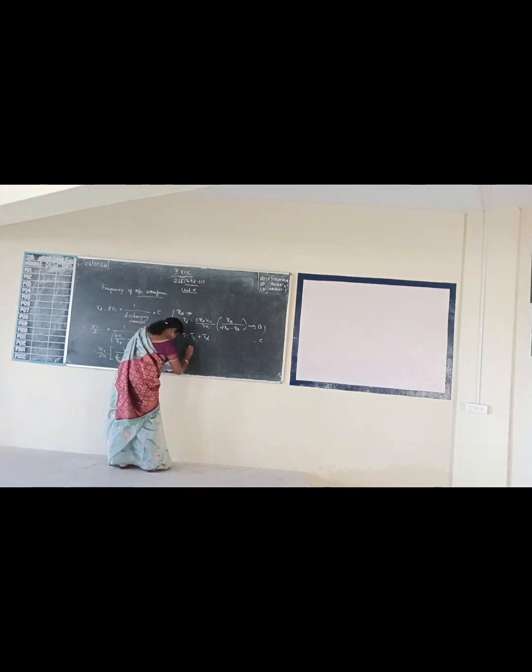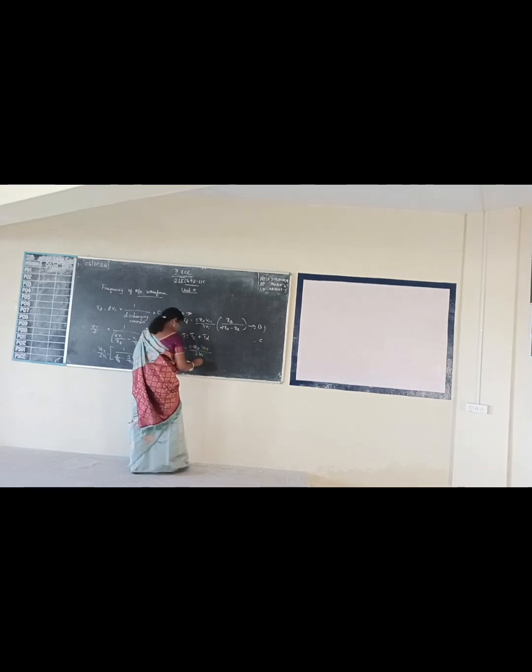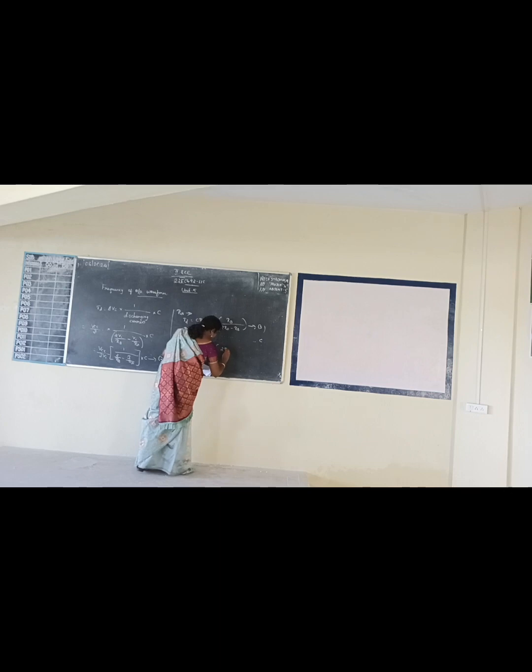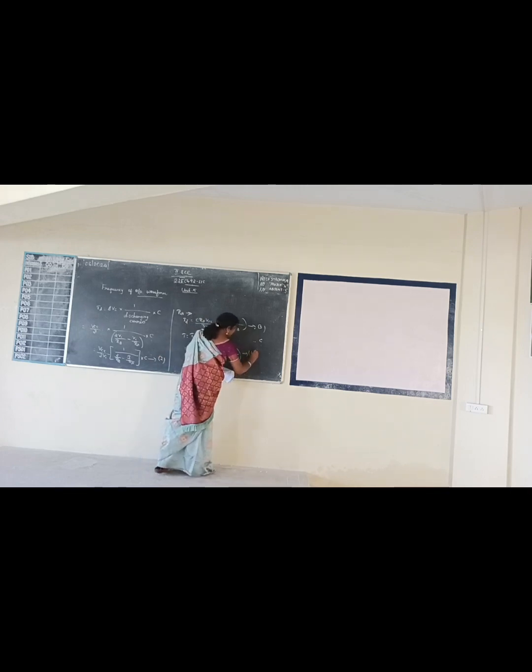So we get C into RA into VCC by 3 into VI, 2RA by 2 into RA minus RB. So answer is equation number 4.